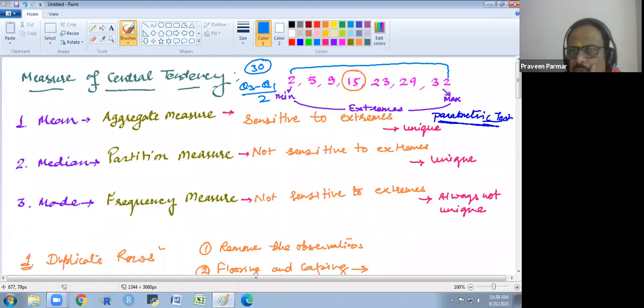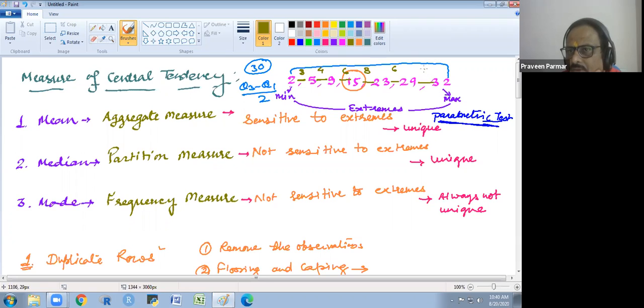If I want to know the scatterness of this data, I have a technique to measure it. So 5 minus 2 is 3, the distance between these two points. Then here 4. Then here 6. Then 23 minus 15, it is 8. 29 minus 23, it is 6.